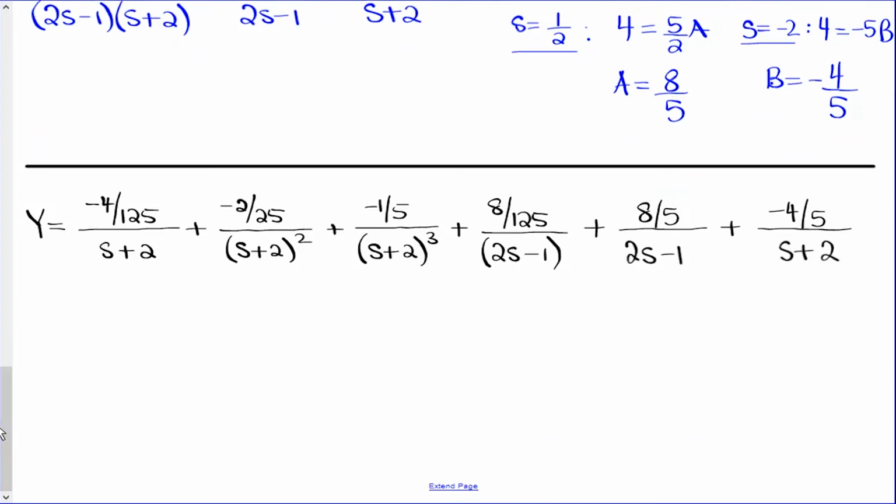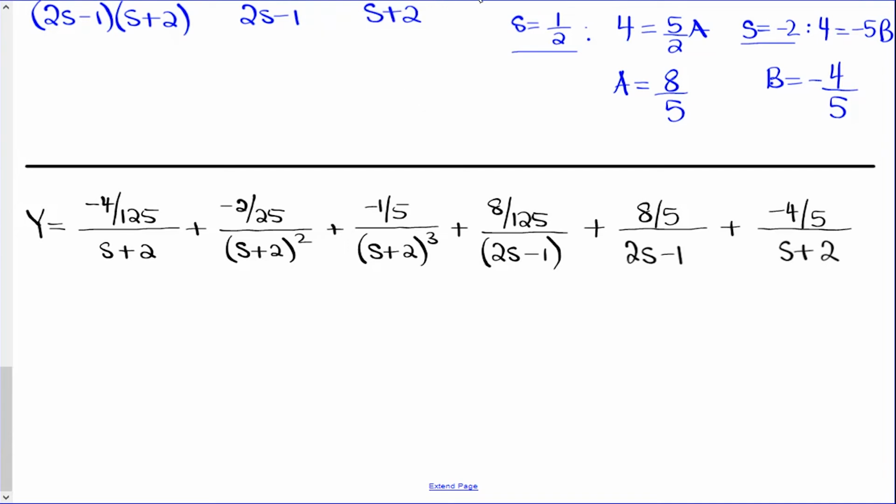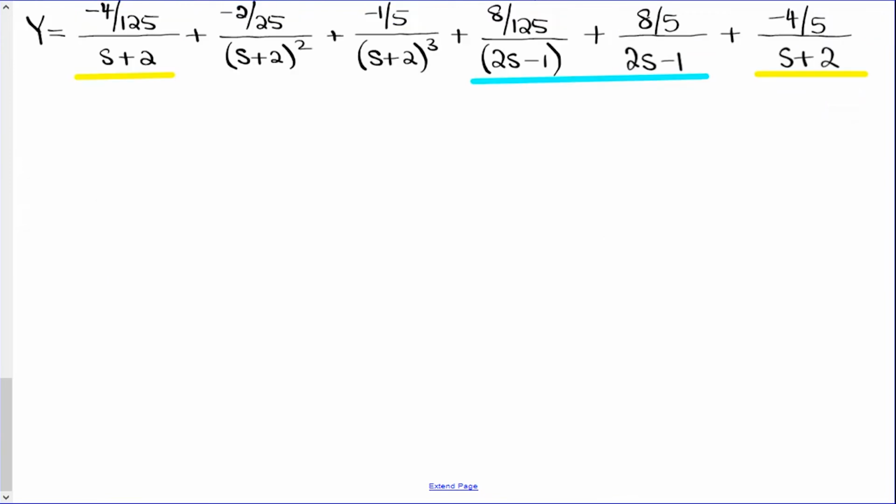So, before taking the inverse Laplace, there is a little bit of simplification that can take place over here. We should be able to realize that this guy and this guy can be added up. Similarly, these two can also be added up. So let's do that real quick, and then we're almost there. So minus 4 over 125 minus 4 over 5 is going to give me an ugly number.